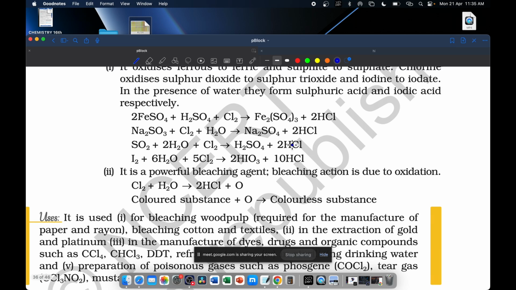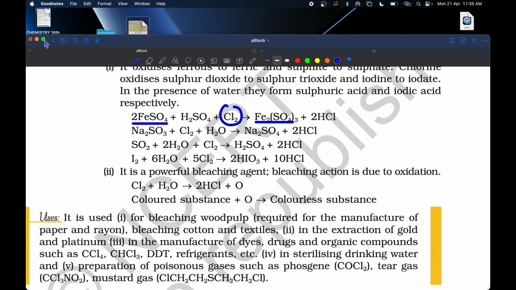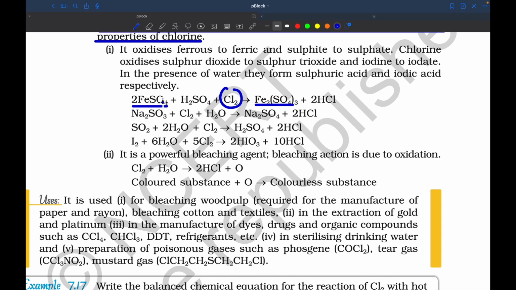Some general reactions are given here. Iron sulfate is oxidized to iron(III) sulfate by chlorine gas. FeSO4, can you see my board? Yes, sir. Yeah, FeSO4 plus H2SO4 plus Cl2 gives you Fe2(SO4)3.